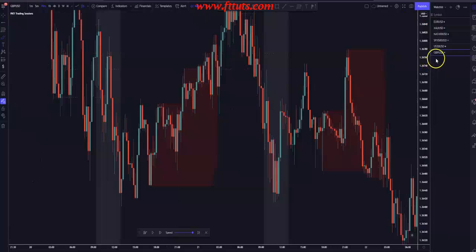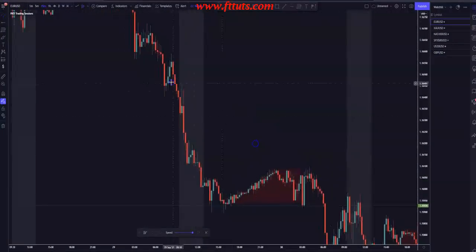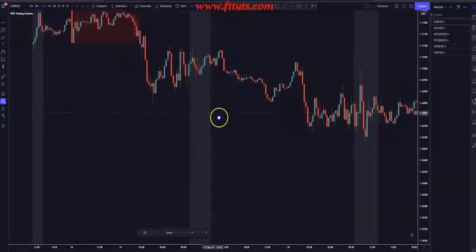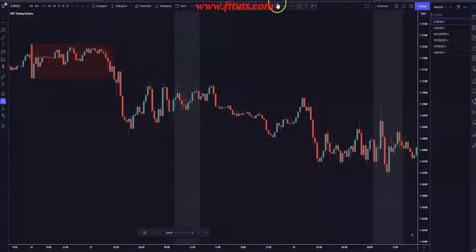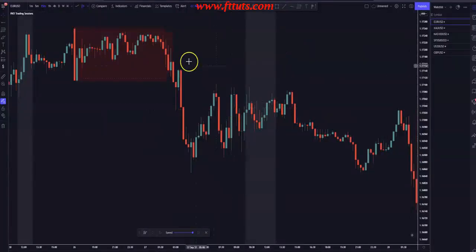But I'm gonna go to a 15-minute setup. Matter of fact, let's go to Euro USD on a 15-minute setup. Let's see if we can find one. Right here, boom. Okay, so some of y'all get confused as to how this is supply and demand right in the middle of price.